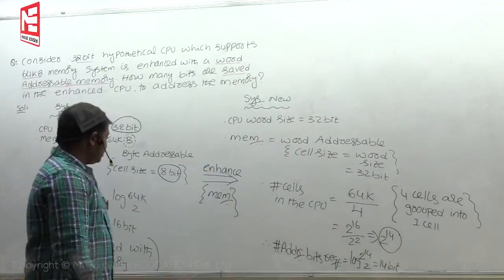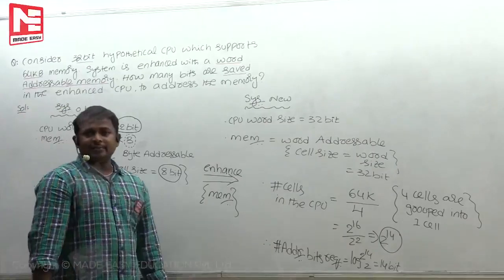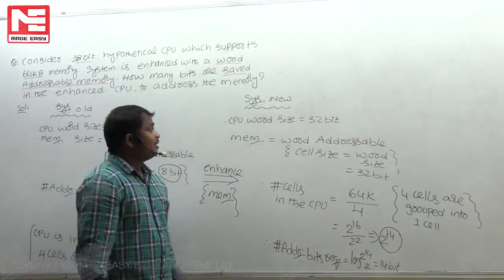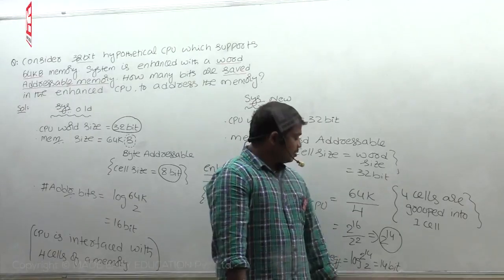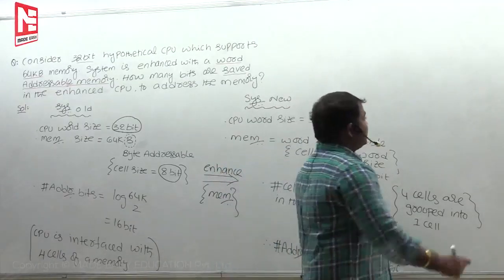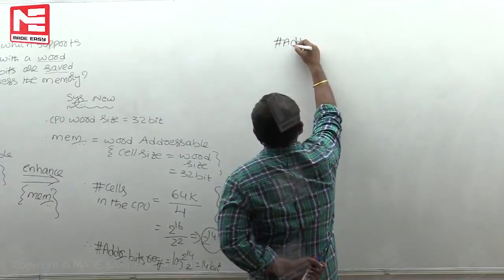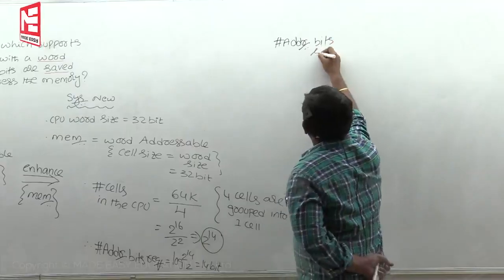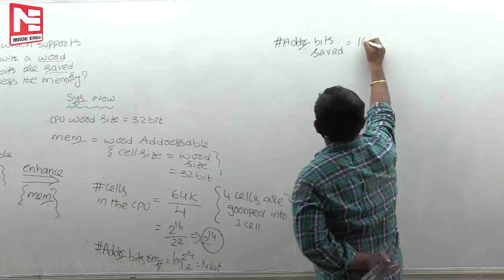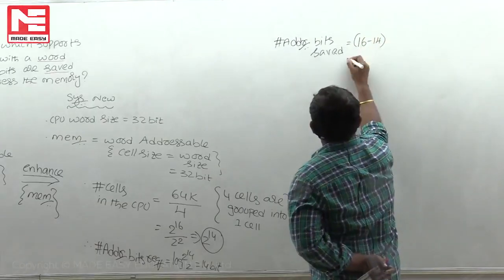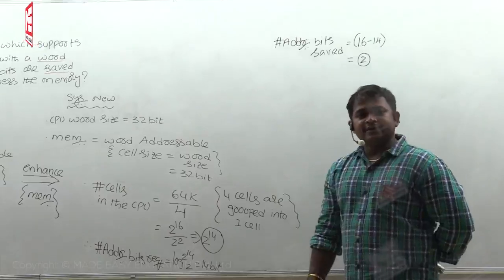Okay, no? Now, in the old system, a 16-bit address was required to address the memory where cell size is 8-bit. In the new system, a 14-bit address is required where cell size is 32-bit. Right? Number of address bits saved equals 16 minus 14, that becomes 2. 2 address bits are saved in the enhanced CPU.